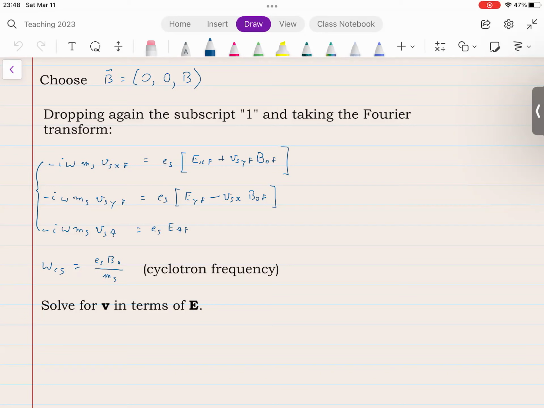You solve the equation for Vx in terms of Vy, replace it in the y equation and get an equation for Vy, and do the same thing in the opposite direction to get an expression for Vx.